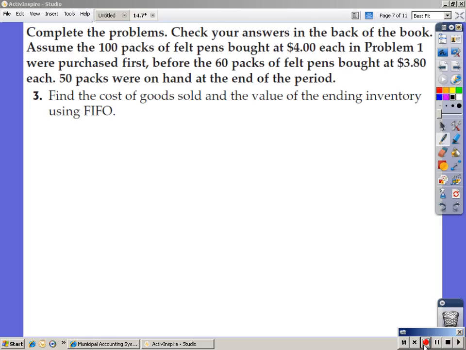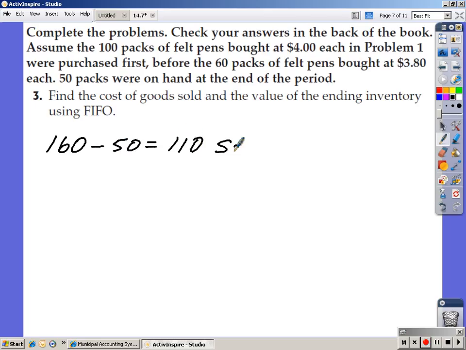Okay, so if you had 160 packs total, and you have 50 on hand at the end, that means you sold 110. Okay. Now question 3 says, find the cost of goods sold and the value of the ending inventory.